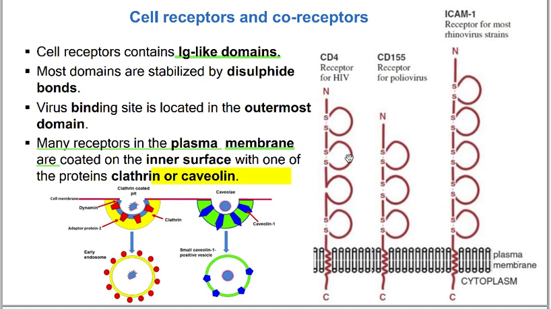So those are cell surface receptors where the virus can interact. This is the CD4 receptor, and this also works for HIV.